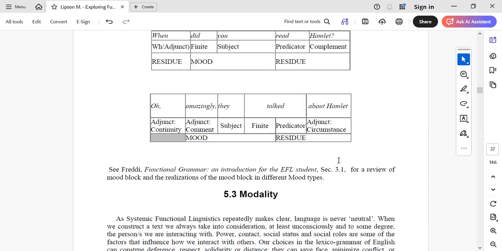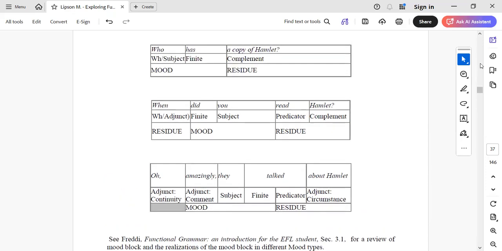Is that clear? Is this clear to you guys, class? Yes, sir. Okay. Now, what's happening here in this one? When did you read Hamlet? So when is the adjunct, right? But here this one is the residue, because there is no grammatical subject here, right? Then we can see over here finite, right?